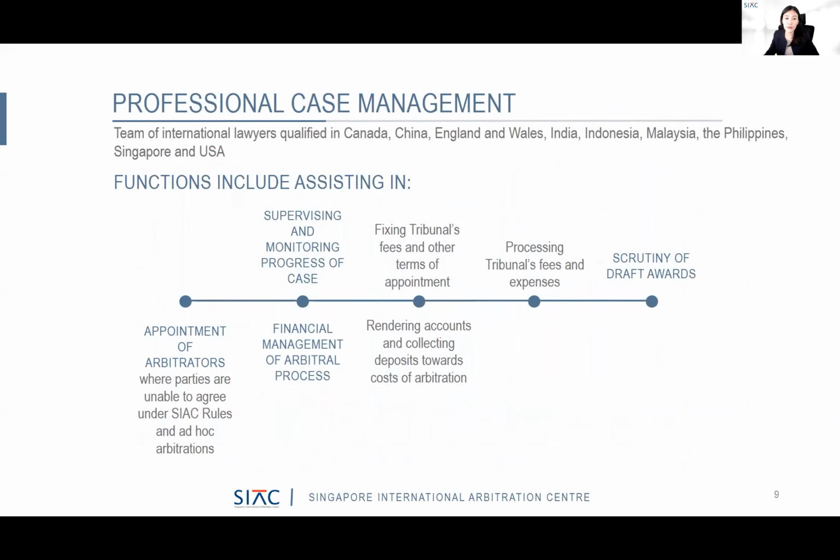So as an institution, our goal is to really assist the parties to ensure the smooth running of the arbitral process. Our case managers, who are international lawyers qualified in both common law and civil law jurisdictions with various language capabilities, assist in the appointment of the arbitrators.